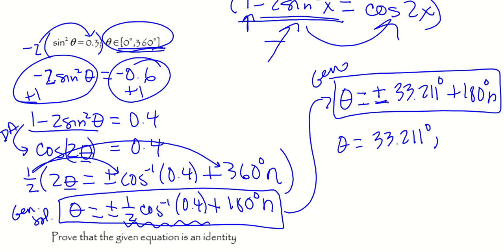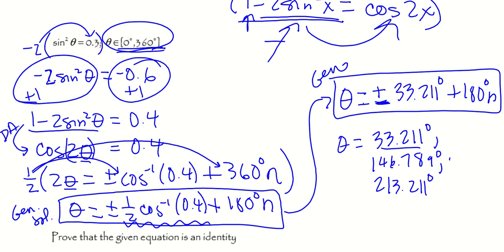And then if I take the negative and add 180 to it, that gives me 146.789 degrees. I take this 33.211, add 180 to that, and I get 213.211 degrees.